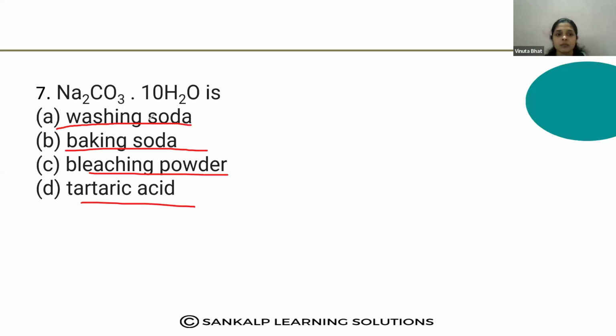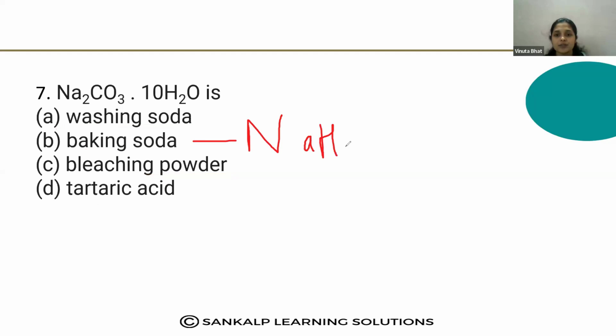Here, baking soda is sodium hydrogen carbonate, NaHCO3, and CaOCl2 is the bleaching powder, and tartaric acid is present in tamarind, and Na2CO3·10H2O is washing soda. Option A, that is the washing soda.